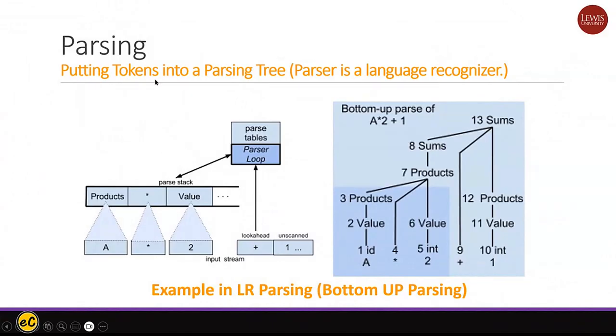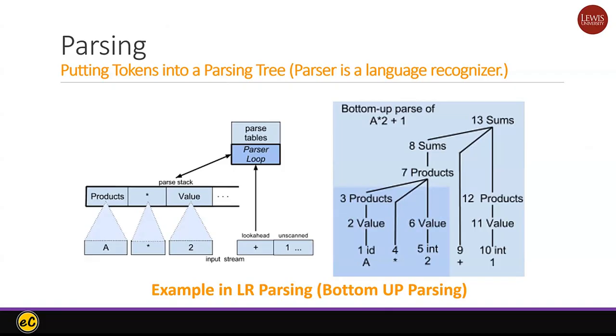So parsing is to put tokens into a parsing tree. For example, you have a times 2 plus 1, where a is an ID and is an operand, 2 is an integer, plus is an operator, and 1 is an integer.